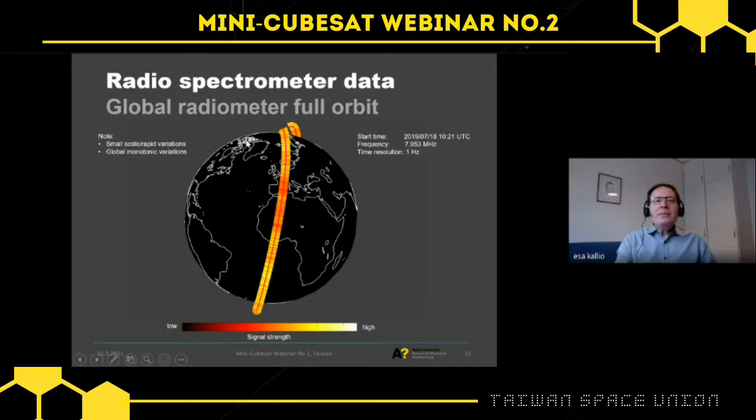When you look at the data, the color means that red is a low signal strength, while yellow and especially white mean a high signal. So you can see all kinds of small-scale rapid variation in the data, for many reasons.